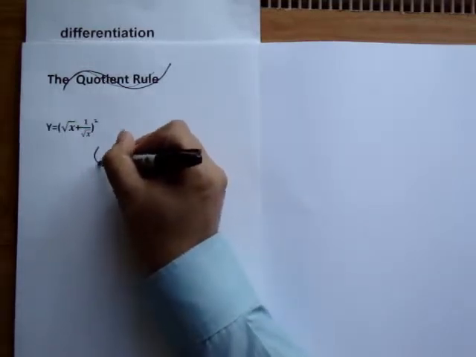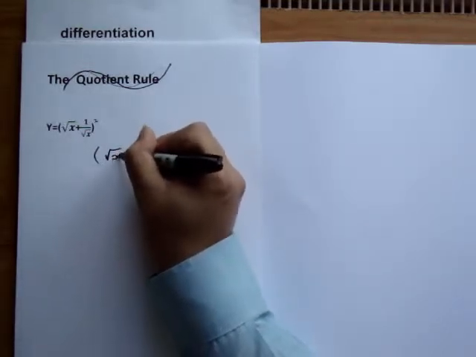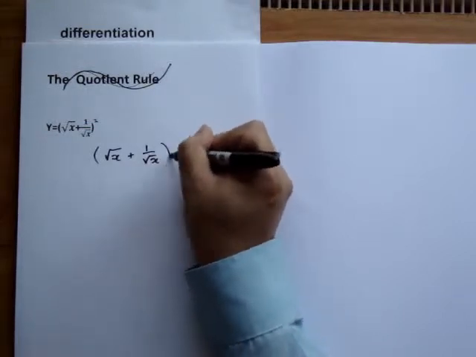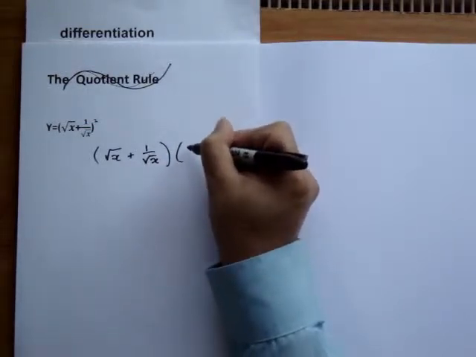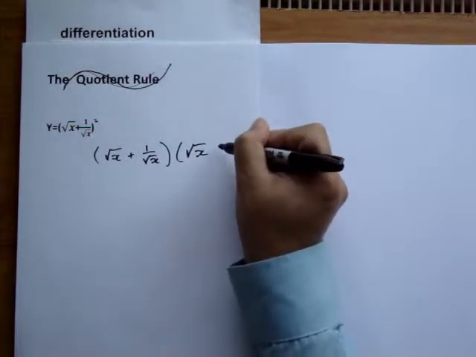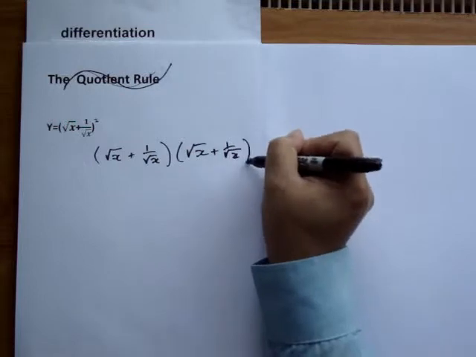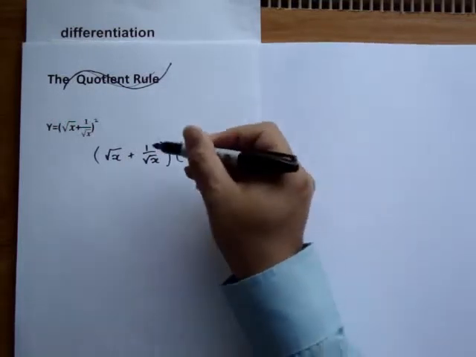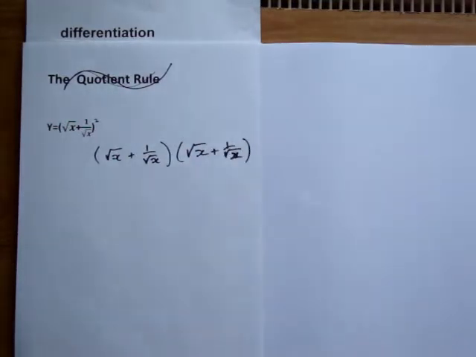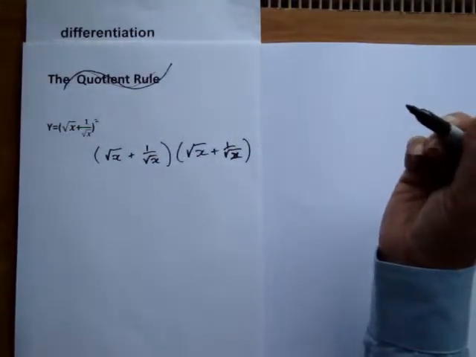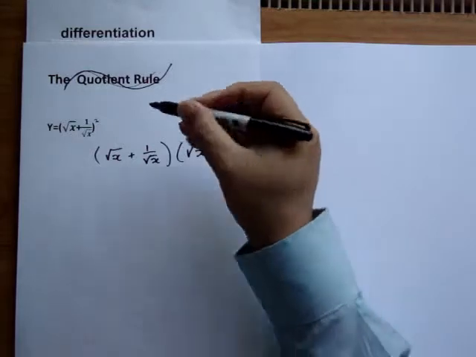When we multiply out, we get square root of x plus 1 over square root of x, and we're multiplying that by the square root of x plus 1 over square root of x. So basically we're squaring. And what do we do when we do that? We use the FOIL method, or as I call it, the claw method.